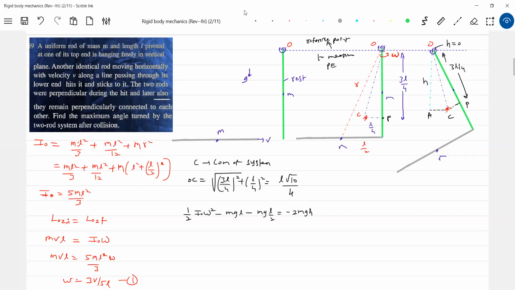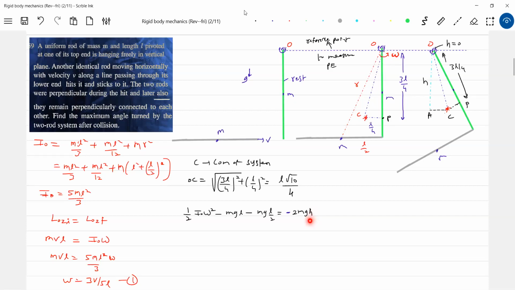Look at the negative signs, they are very important. Negative signs, why? Because I defined H equal to 0 at this one. Do we know I naught? Yes. Do we know omega? So I'll get H directly.